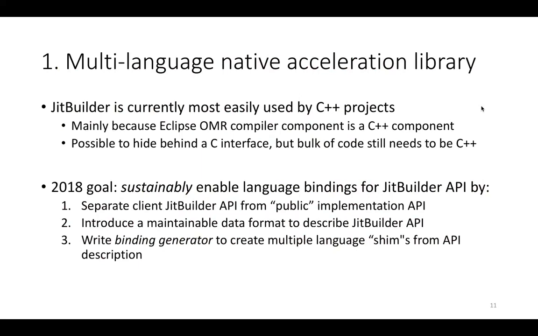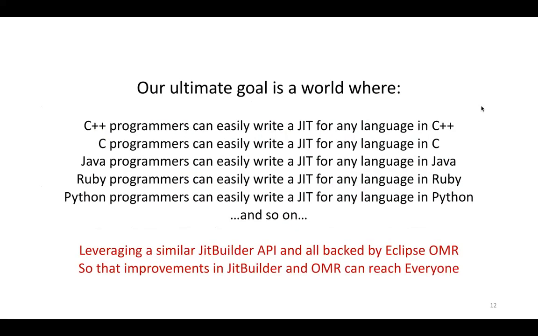So the ultimate goal here is really a world where C++ programmers can easily write a JIT for any language in C++, C programmers in C, Java programmers in Java, Ruby programmers in Ruby, Python programmers in Python, and so on, all the while leveraging a similar style of JitBuilder API so that we can all leverage our experience using the API and evolving the API forward, and all backed by the Eclipse OMR project, where the technology exists to actually compile the language down to native code, so that improvements that we make in JitBuilder and in OMR can actually reach everyone.